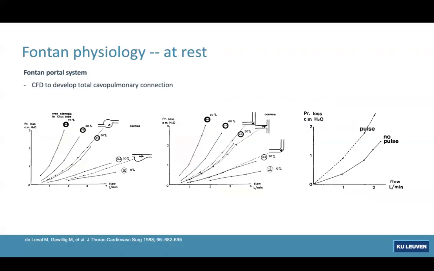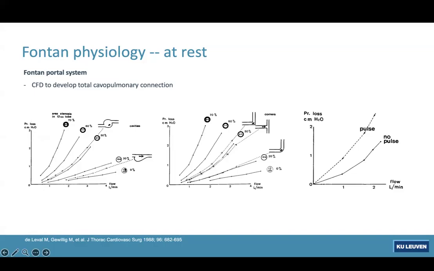But he did amazing work in Great Ormond Street already 45 years ago, and this is computational fluid dynamics avant la lettre, I would say, where he evaluates in this Fontan portal system and looks at pressure loss according to increase in flow.